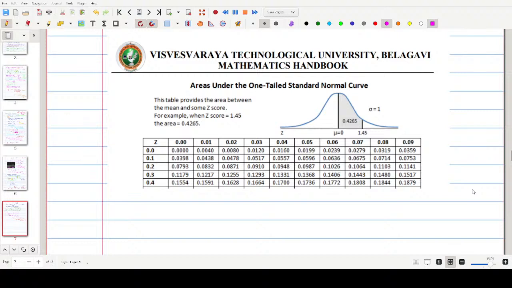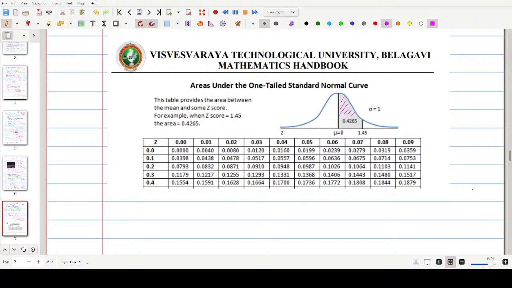I have cut off just the top part of the table. This is one of the tables that will be provided to you, and as you can see, on the top right there is a graph drawn, and there is a shaded region.